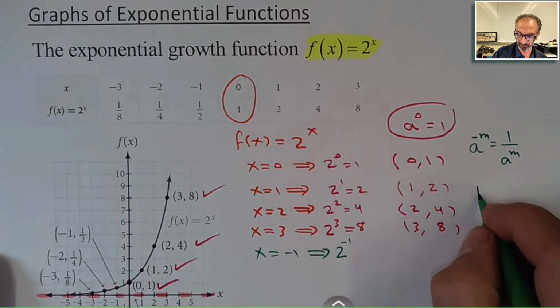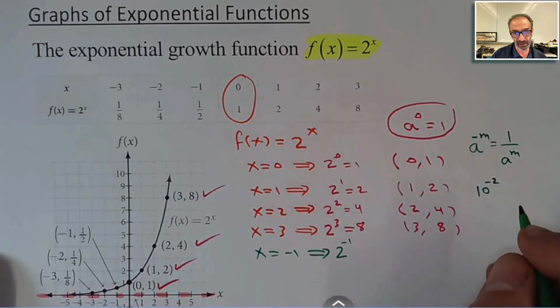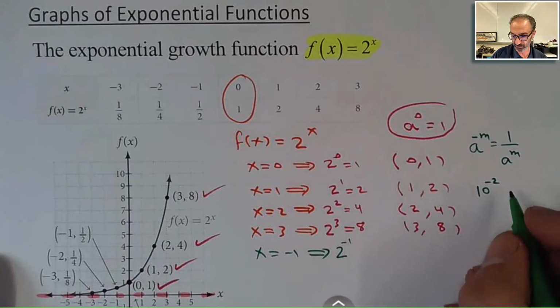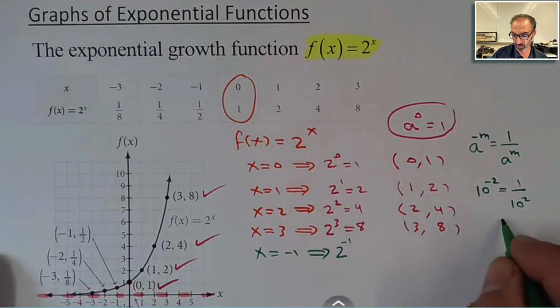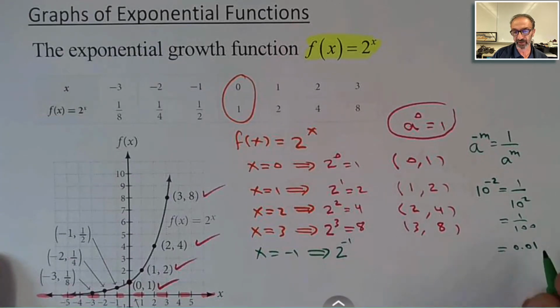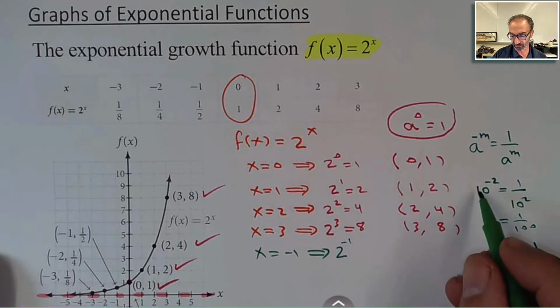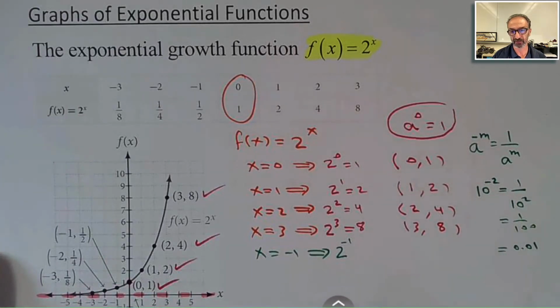For example, 10 to the power negative 2 on your calculator is not going to give you negative 100, because sometimes that's what I get back. It's 1 over 10 to the power 2, which is 1 over 100, which is 0.01. You could test it on the calculator to support this concept.